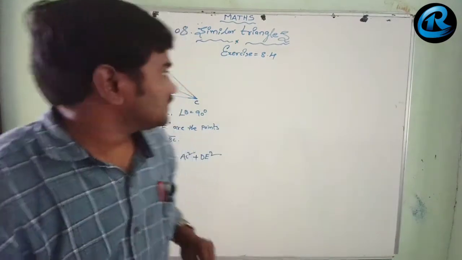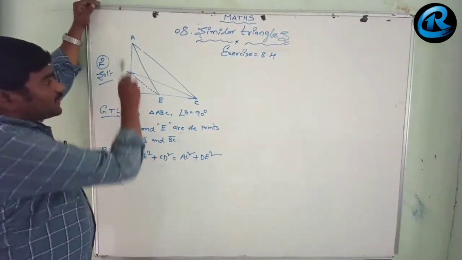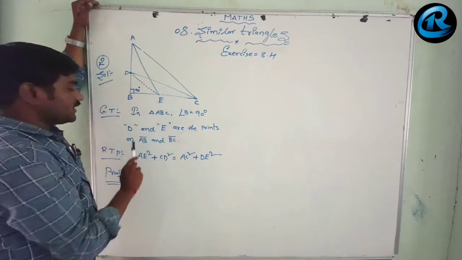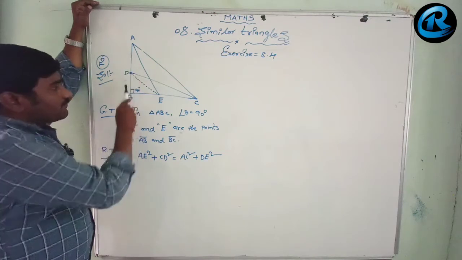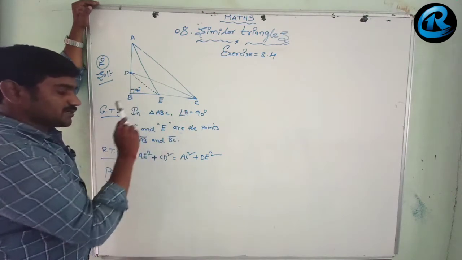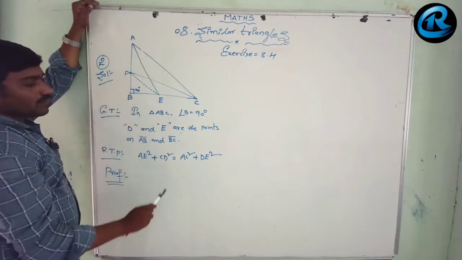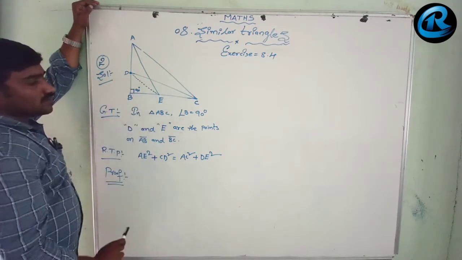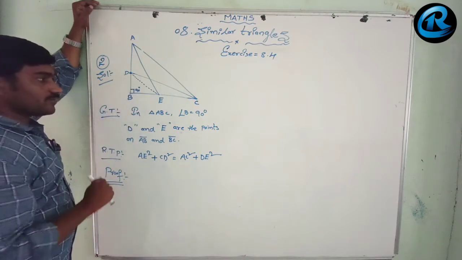So, if you observe in this triangle, I have written that in triangle ABC, angle B equal to 90 degrees, D and E are the points on AB and BC respectively, where we need to prove AE square plus CD square equal to AC square plus DE square. This is what we need to prove.